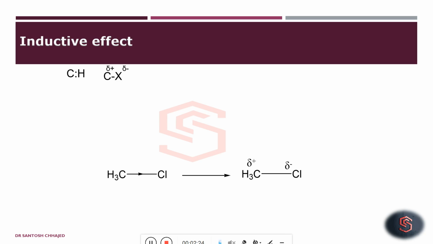As a consequence, they acquire negative charge and carbon acquires positive charge. The bond is intact, that's why charges are shown partially, that is delta plus and delta minus respectively. This is called polarization because positive and negative poles are formed on the carbon and halogen. Alternatively, since two different charges are there, we can call it a dipole.